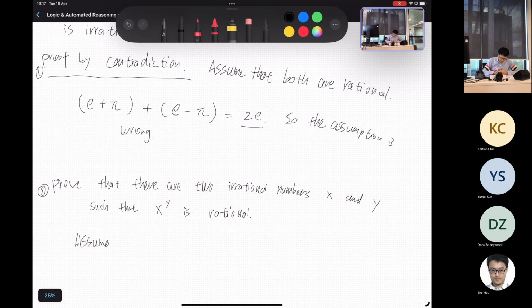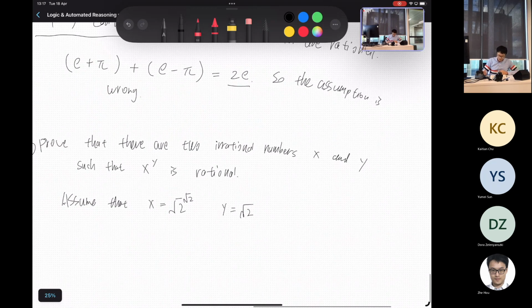Here's our proof. Assume that x is square root of 2. Actually, what we want to consider is x as square root of 2 to the power of square root of 2, and y is square root of 2.